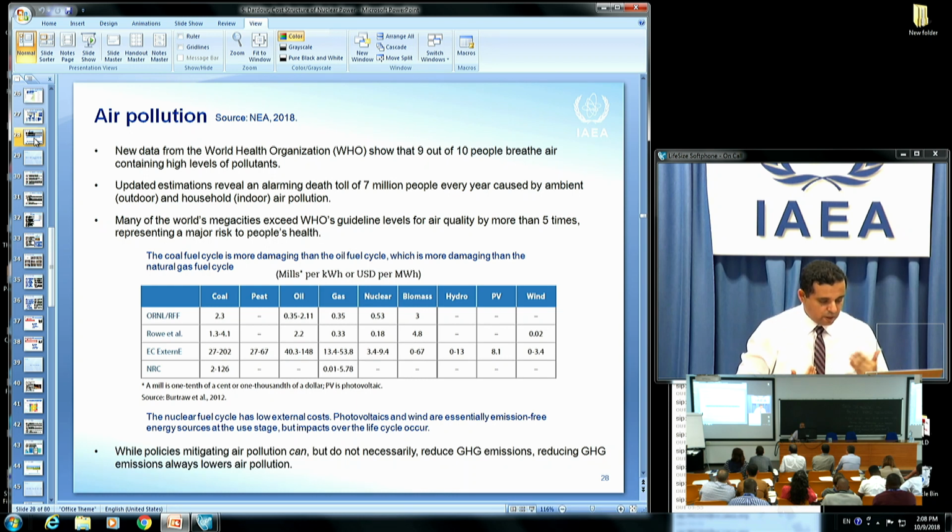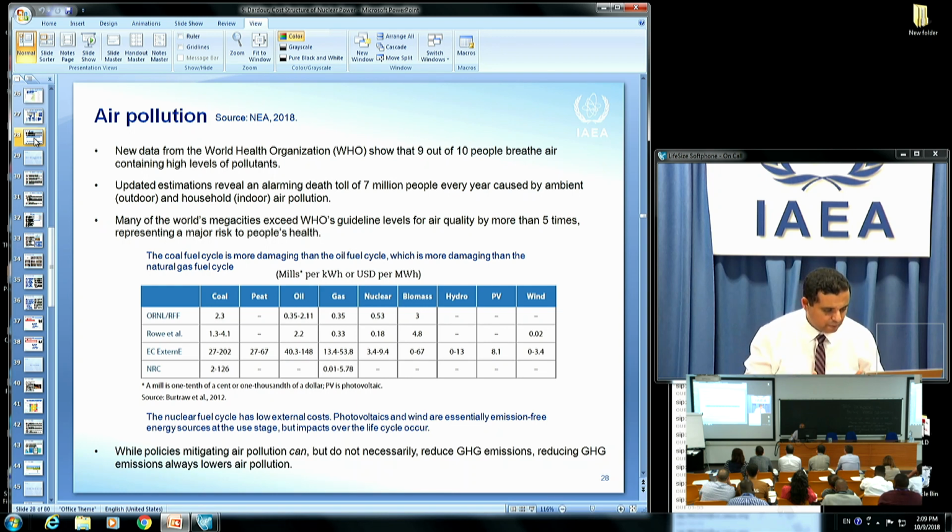In the table in this slide, there was an effort to put a monetary value on this. It's a complex process, it's not easy, but still, the OECD has done a study and attempted to put a monetary value on air pollution.